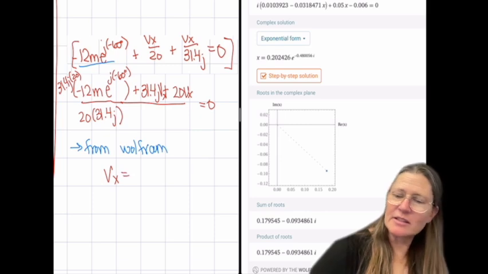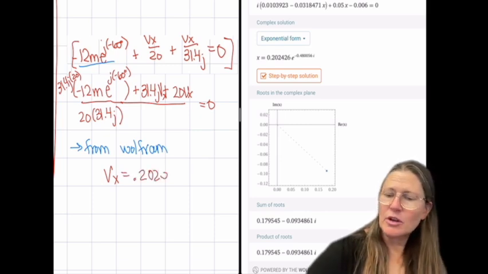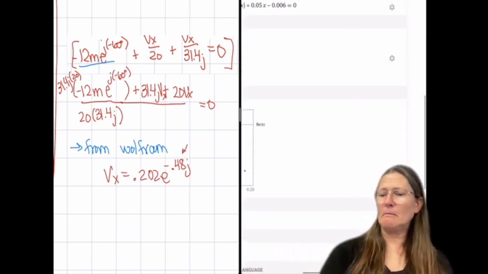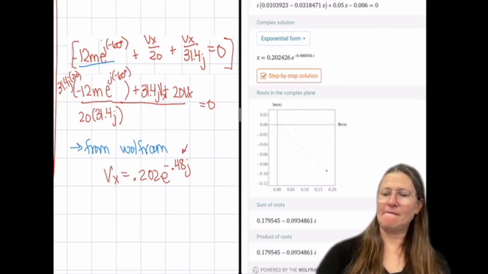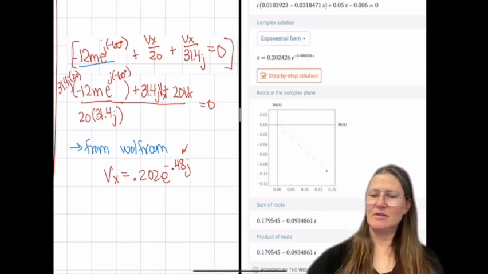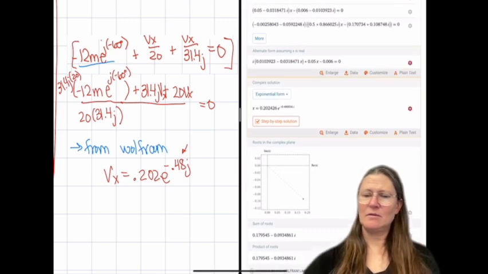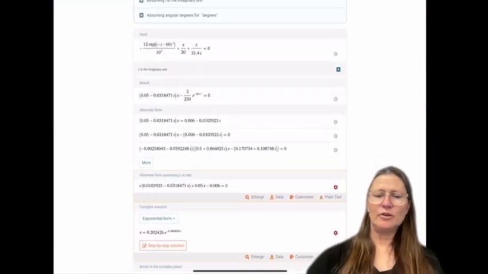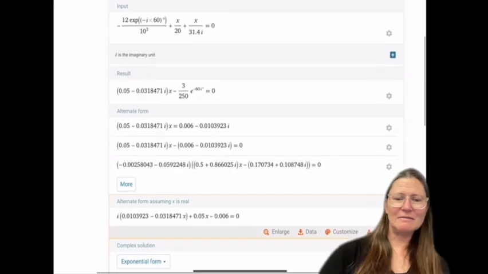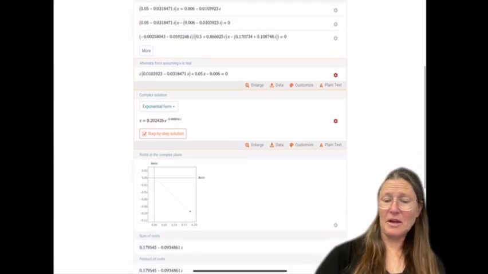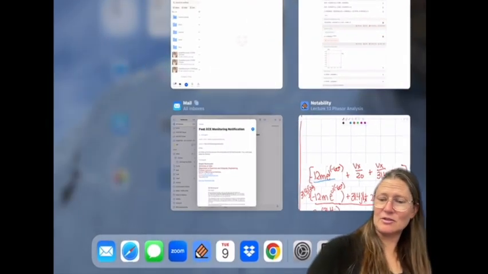So Vx is 0.202 e to the minus 0.48j, and this is what unit? You need to make sure you know what units it's in. Okay, they've changed their screen. It's actually in radians.